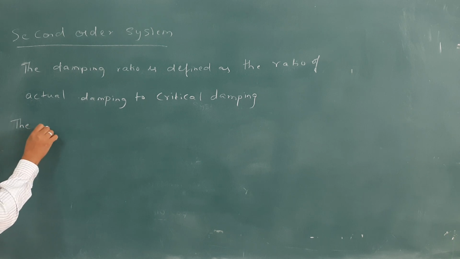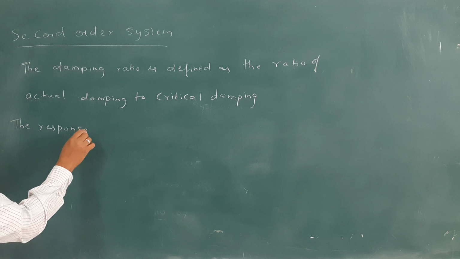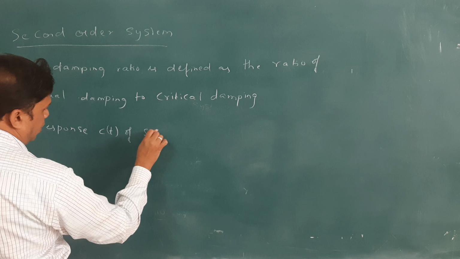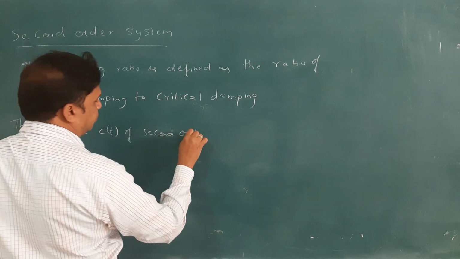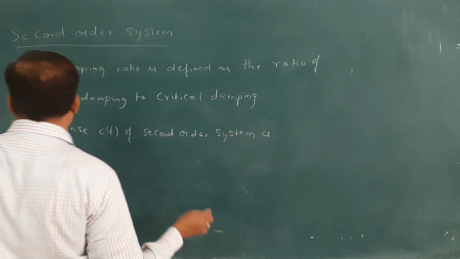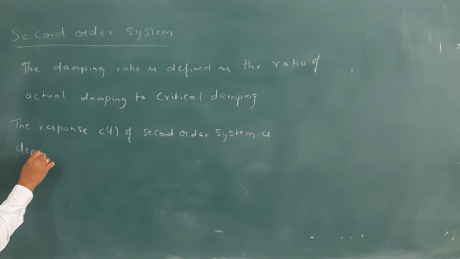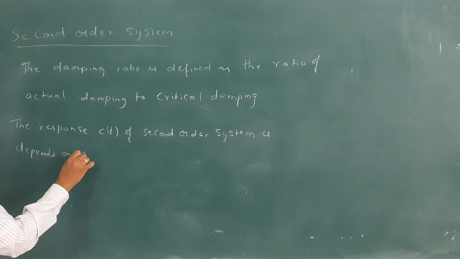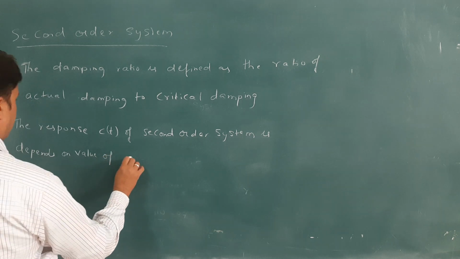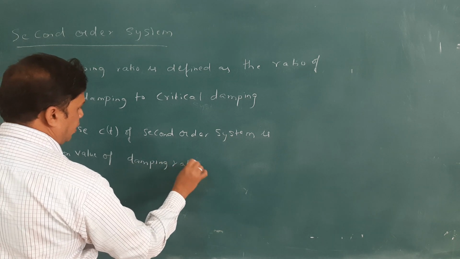Here the response, what is the response? Response means output, that is the response C of t of the second order system, depends on the value of damping ratio.